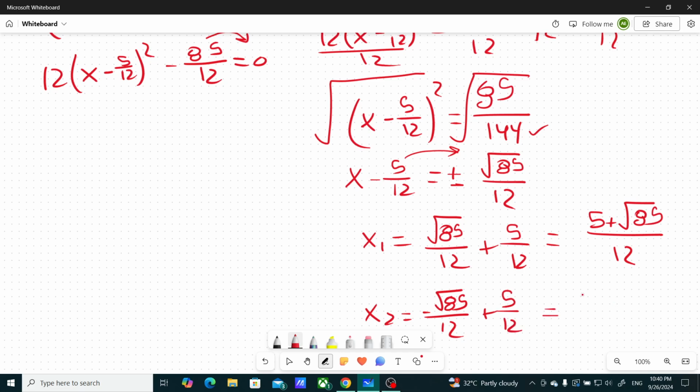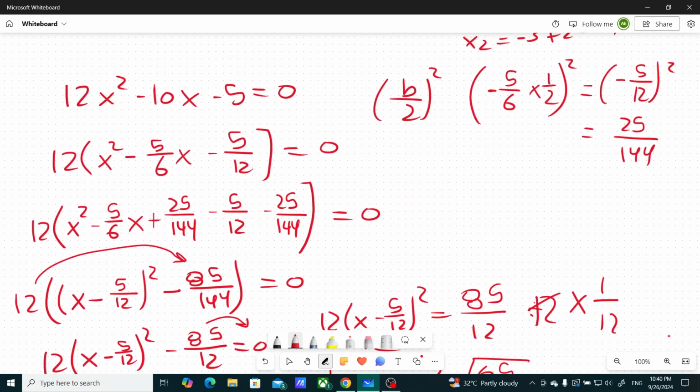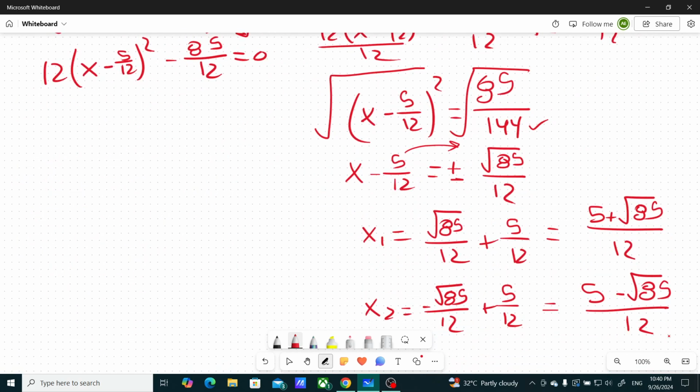This is going to equal 5 minus root 85 over 12. If you want to check, we can solve this using the quadratic formula, and it should give us the same exact answer as here. I hope this was clear.